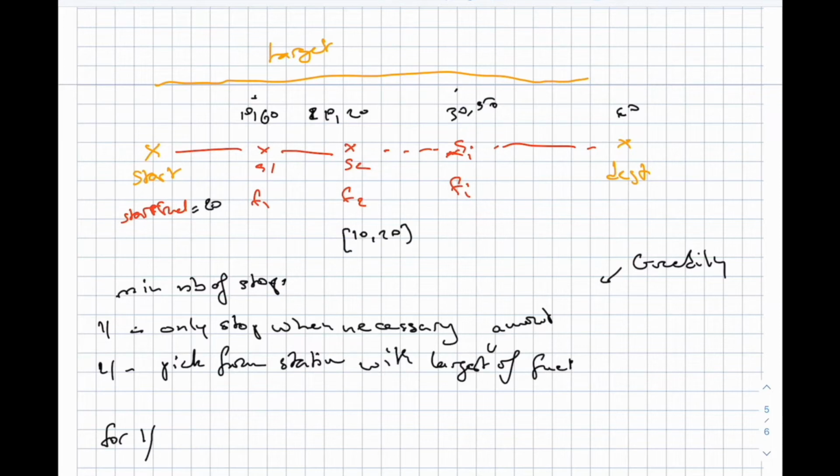When we arrive at this station here with 30, we identify that our current fuel was 0 here. When we arrive here, we used all the 20, so we have 0. Now if we subtract 30, we have minus 30, so it's less than 0. And so we must have refueled from one of these two. So this is actually 60 and 20. We have to refuel from one of these two, right?